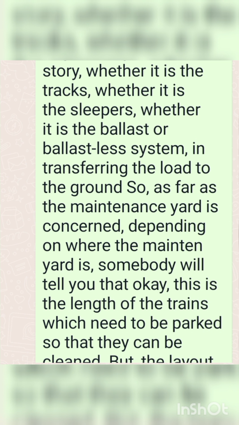Whether it is the tracks, whether it is the sleepers, whether it is the ballast or ballastless system in transferring the load to the ground, so far as the maintenance yard is concerned, depending on where the maintenance yard is, somebody will tell you that okay, this is the length of the trains which needs to be parked so that they can be cleaned.